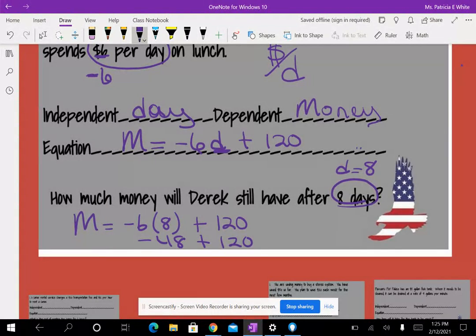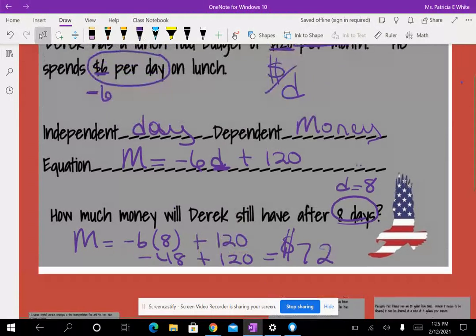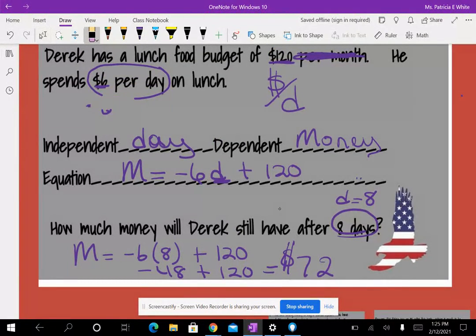I believe that's going to be 72. Let me check that. 120 minus 48. Yep. So after 8 days, he's going to have 72 dollars. Watch, when I ask you those questions, watch what variable I am giving you in the problem. Okay, be careful on that.